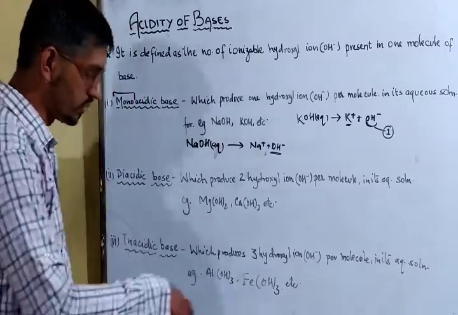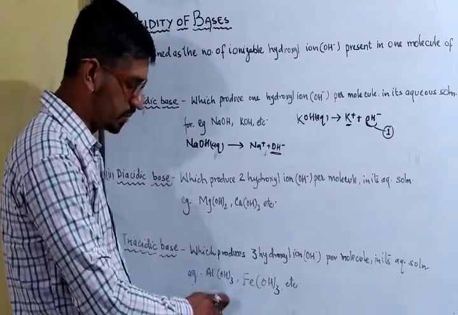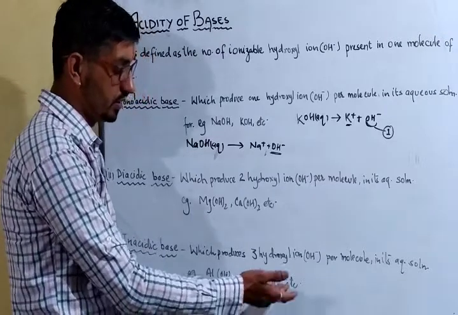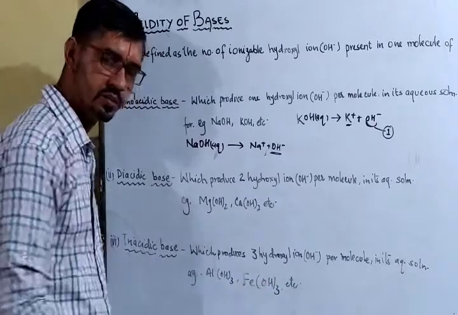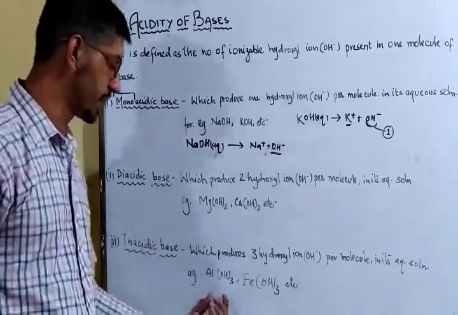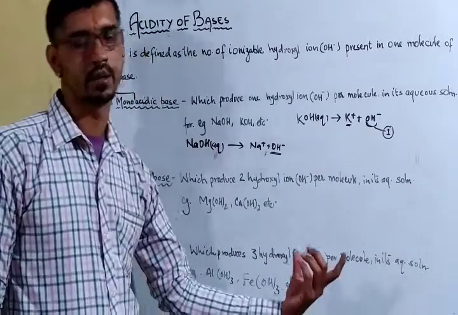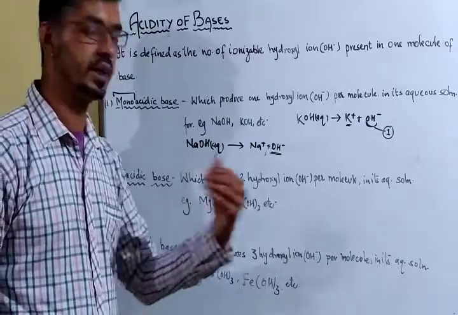As you can see, it is having 3 in one molecule of aluminum hydroxide. It is also having 3 hydroxyl ions in one molecule of ferric hydroxide. So it will produce 3 hydroxyl ions from its molecule in its aqueous solution.